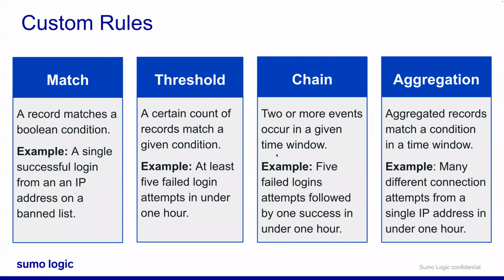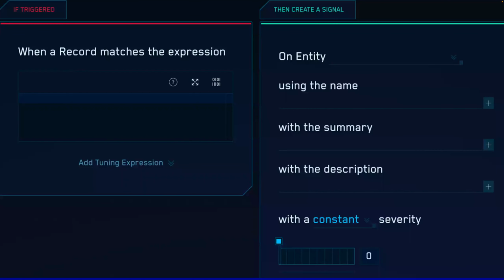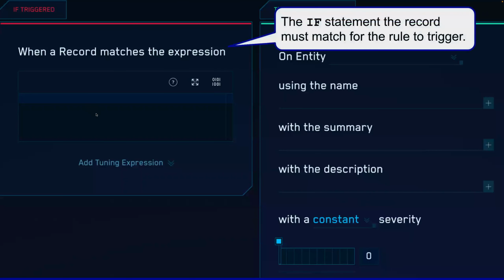So let's go ahead and, well, we've seen this already, but as a reminder, when we're creating our rules, I'm going to start to fast forward here a little bit, but we have our if and our then. And so we want to fill in both sides. We need to configure the rule, configure the conditions that are going to match, using an if statement to do so.